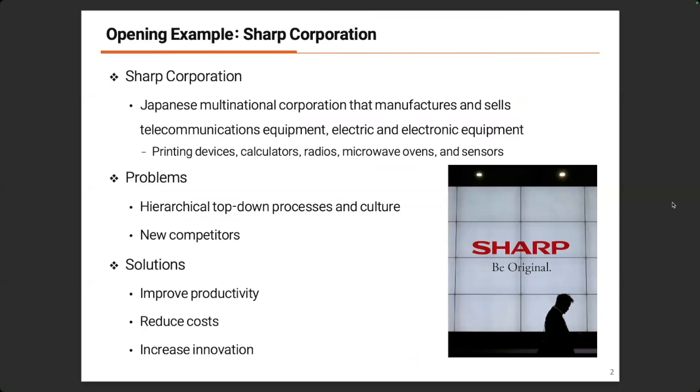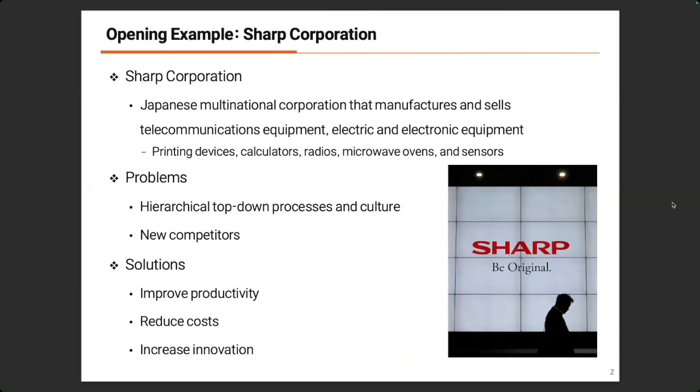Many Korean students are familiar with this company. All of us maybe have some experience of using the electronic dictionary. That is one of the representative electronic devices Sharp Corporation has sold.